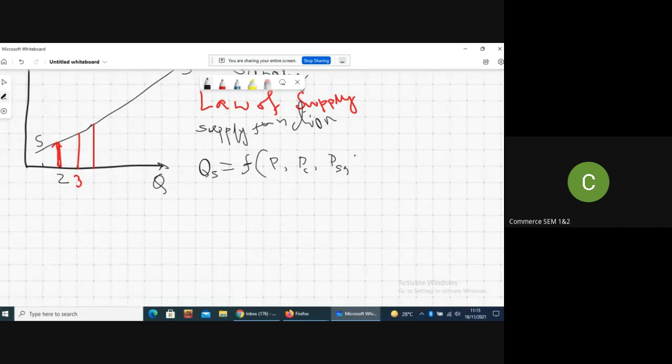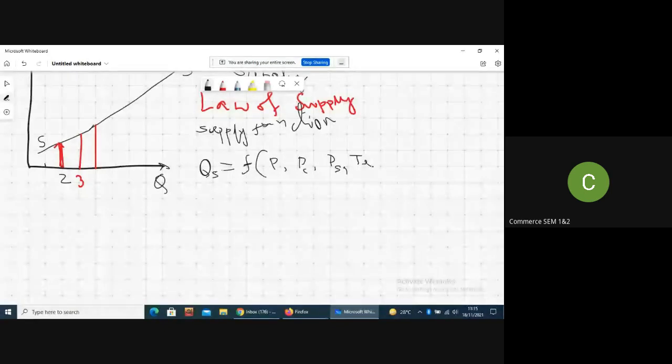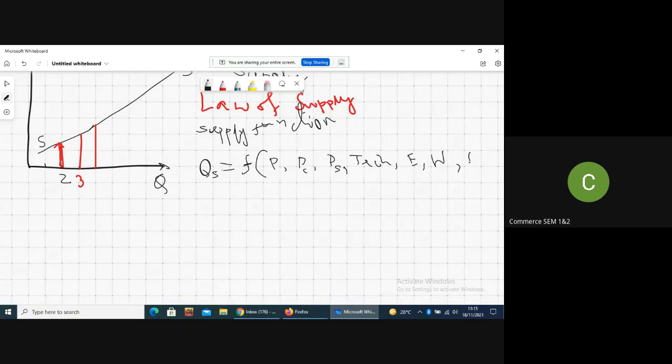There may be other factors like technology, expectation, weather, price of intermediate goods, and so on. So these are the possible factors which can affect the supply of any commodity. So typically these are the supply functions.